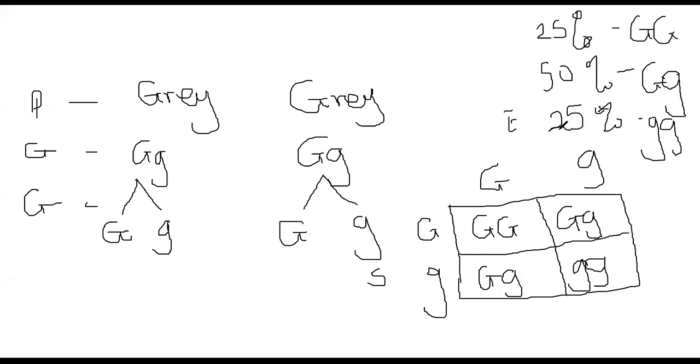So 1 square represents 25%, so that's how I get a 25% chance of them having a homozygous dominant gray, or 50% because you have 2 squares with heterozygous dominant, or 1 square, which is 25% of having a charcoal homozygous gene. You all understand that?